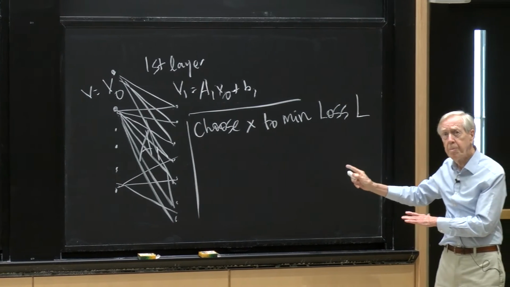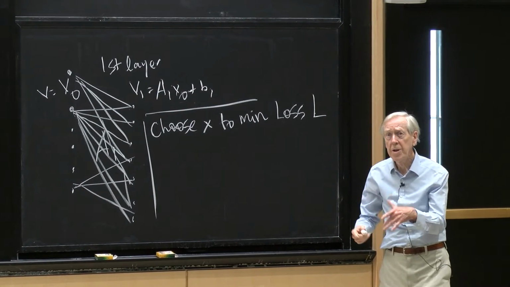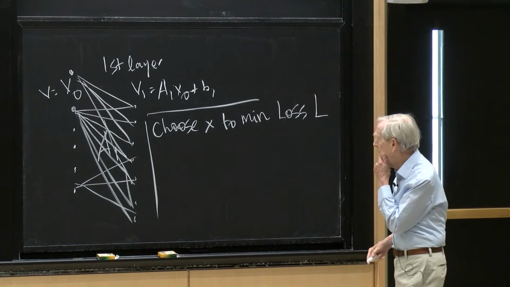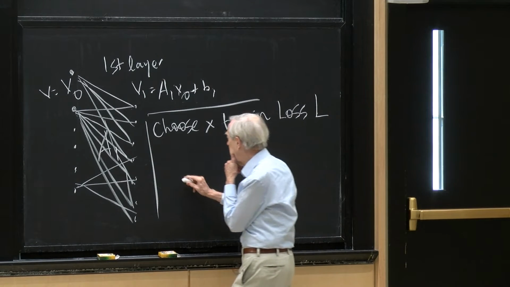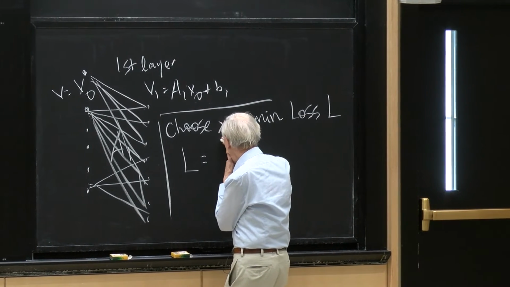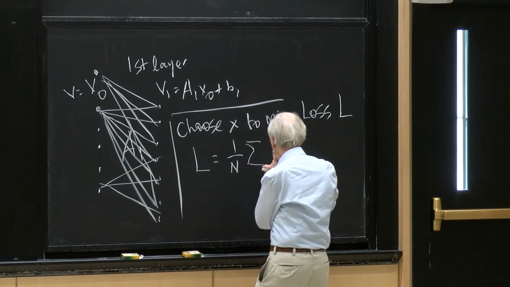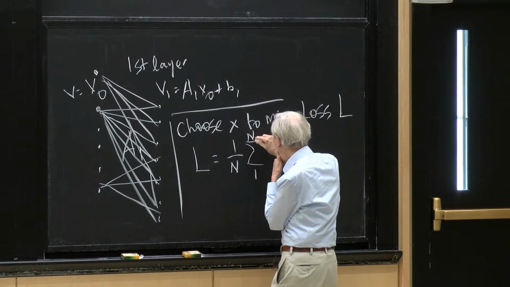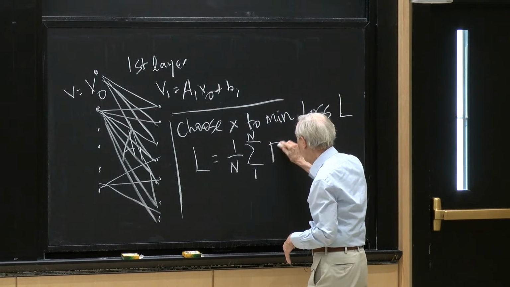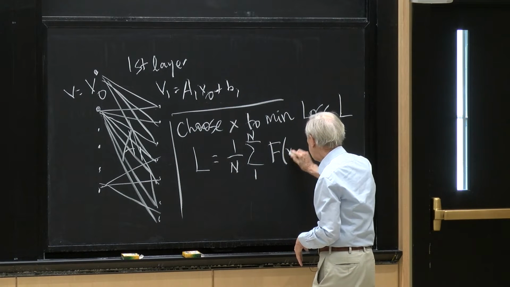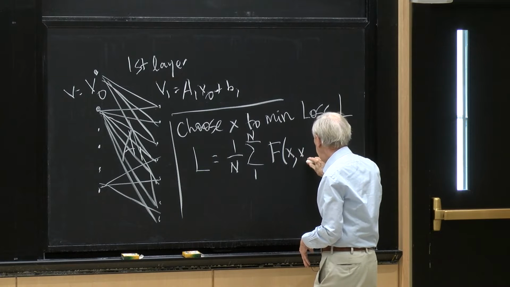So it's this part that Professor Schmidt's lecture was about. He said L is often a finite sum over all of f. So what would that be? f of x, v_i.